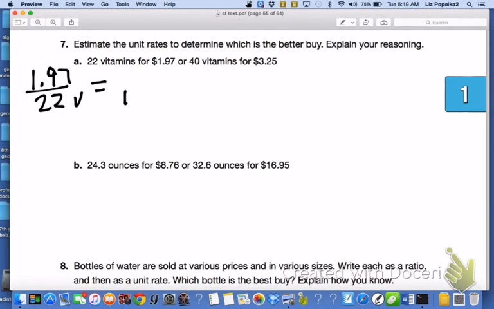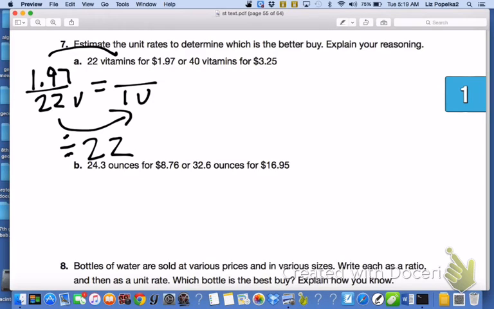I'm going to scale down to one vitamin. I'm going to do that by dividing by 22. If I divided the denominator by 22, I need to divide the numerator by 22. I'm terrible about that, I need to call it the numerator.